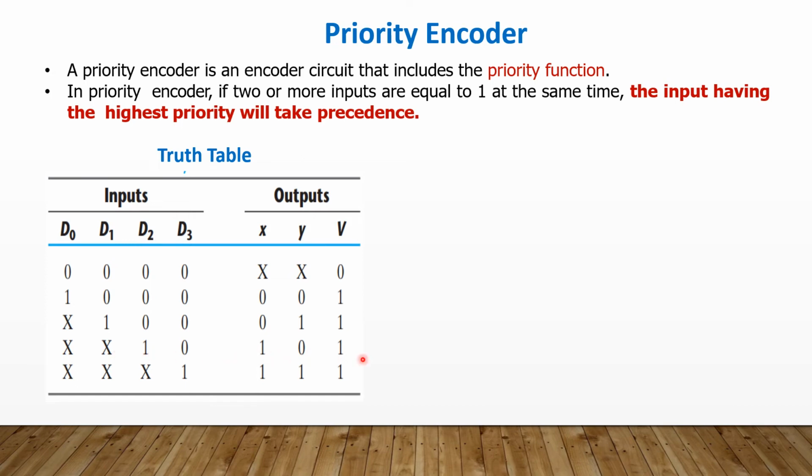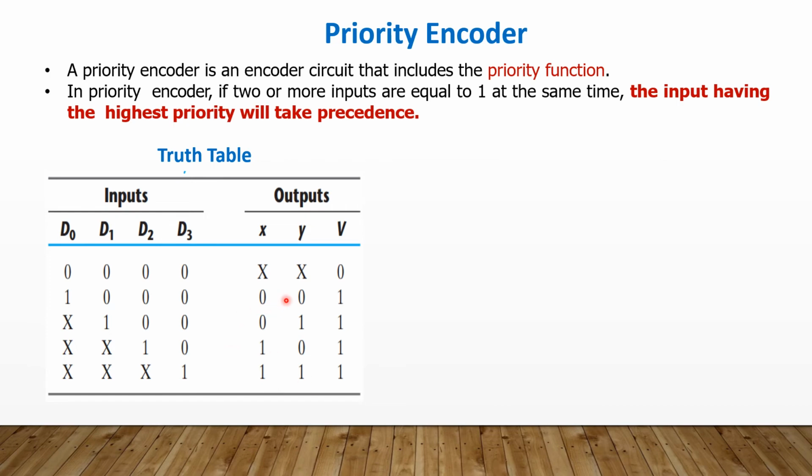Likewise, it will give the output. Similarly, the last row, all 3 X's and the last one is 1. Assume that all four 1s are given as an input. If it is the case, obviously D3 has the highest priority when compared to D0, D1 and D2. So the 3 equivalent in terms of 2 bits is 1, 1. Likewise, we'll be getting that output.